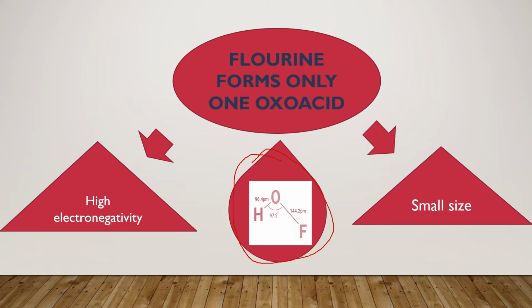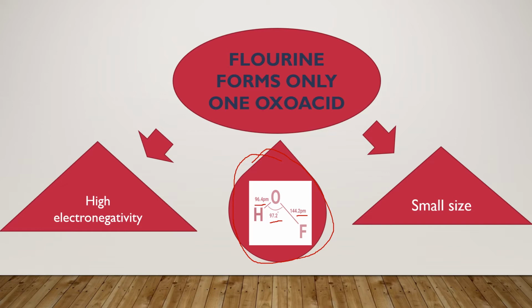Here the bond angle between OH and OF bonds is 97.2 degrees, and the bond length of OF is 144.2 picometer, whereas the bond length of OH is 96.4 picometer.